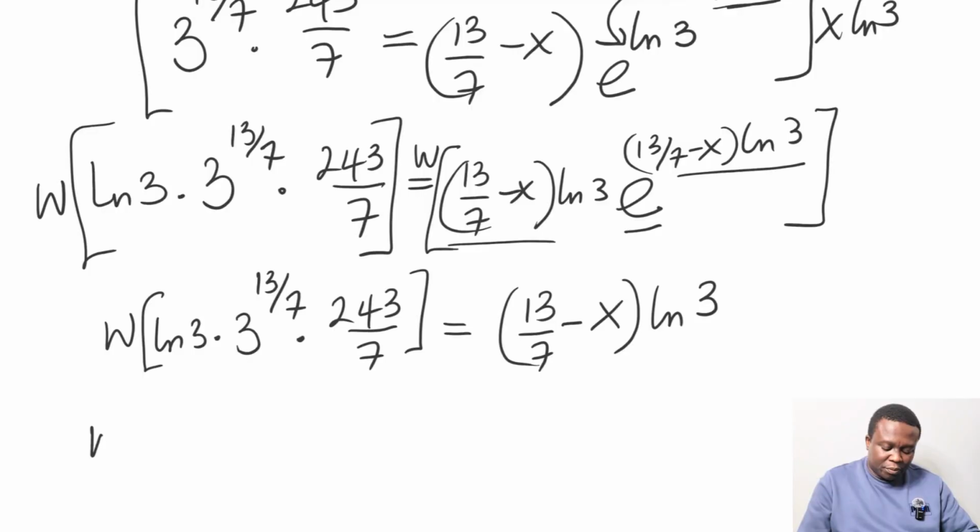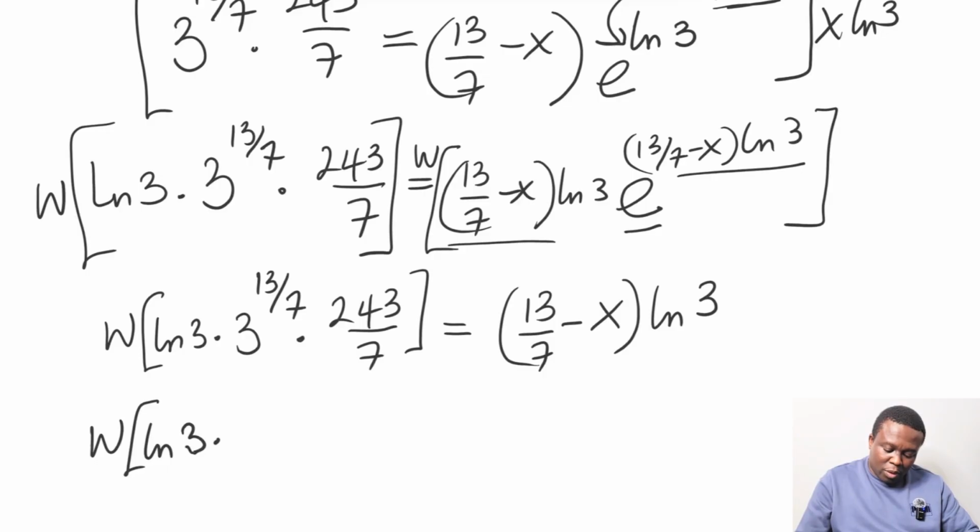So, we have ln 3, and we have 3 raised to the power 13 over 7. Let's rewrite 3 raised to the power 13 over 7 in such a way that when we add or subtract, we still get the same value, 3 raised to the power 13 over 7.